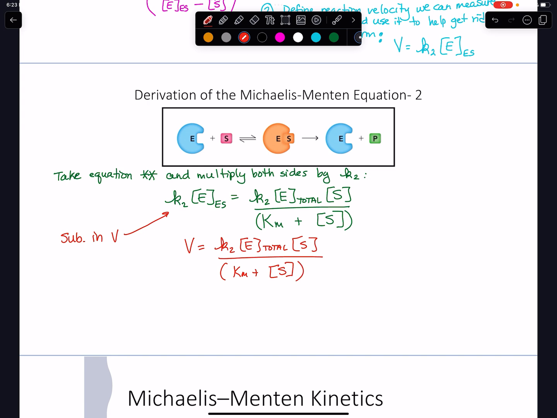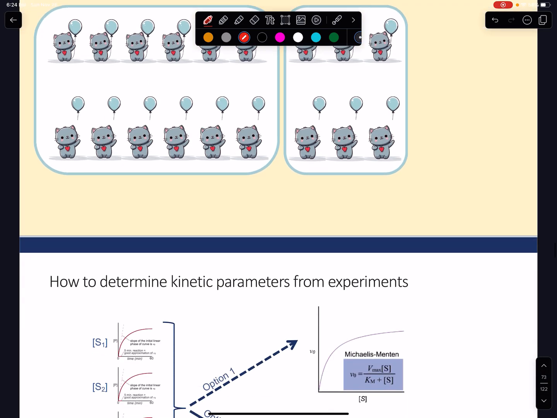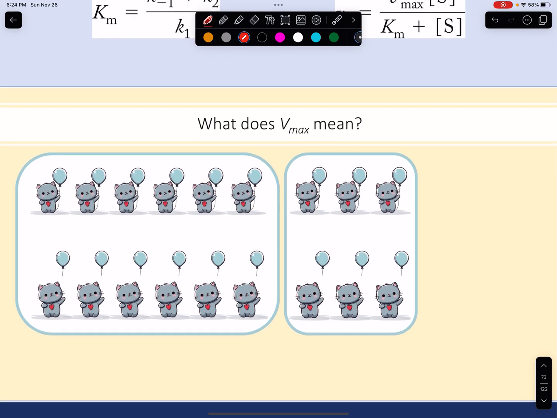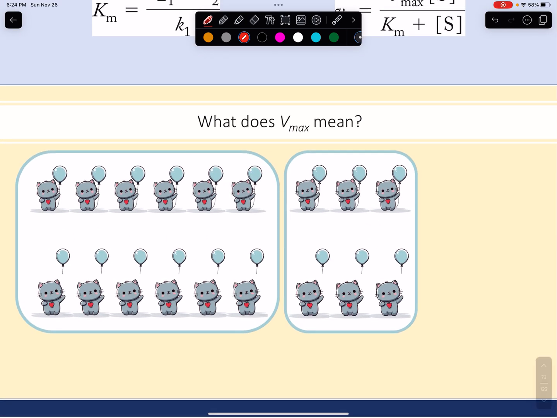Okay, so now let's think about when we would see the fastest rate of product formation. I'm going to skip ahead a few slides to this picture. This is the fastest rate of product formation.